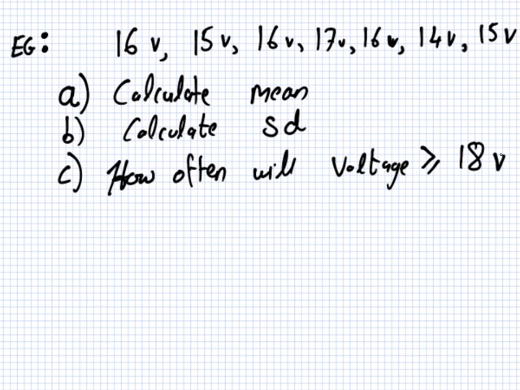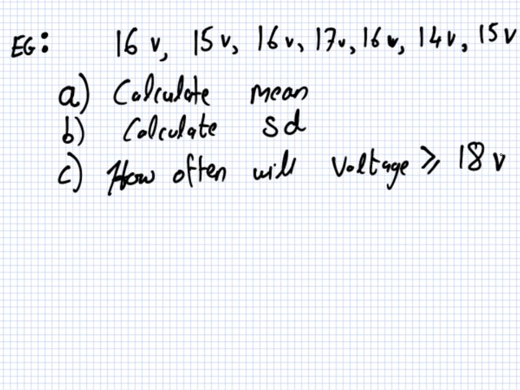Now this is a good example of how useful this topic can be, because if you look at your data, how often did we get 18 volts? Never. But that doesn't mean we won't get 18 volts because we just don't have enough data. Do you understand?